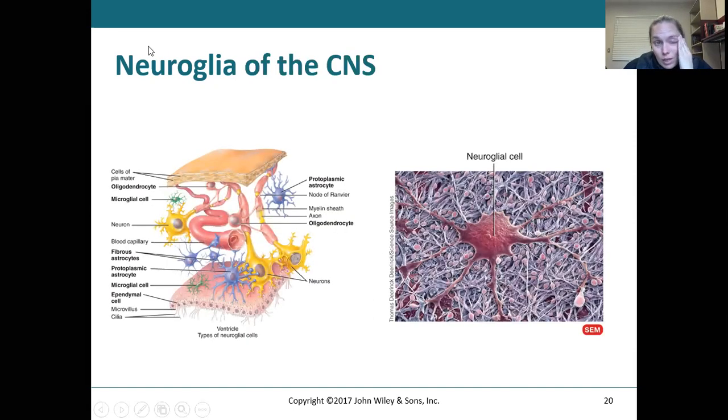Okay, so if we look at some examples of neuroglia, one example is the oligodendrocyte. What these guys do is you can see here, you've got a cell body, and then you can see them projecting onto the axons of the neurons.